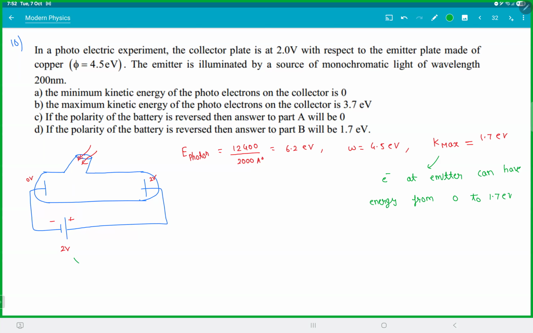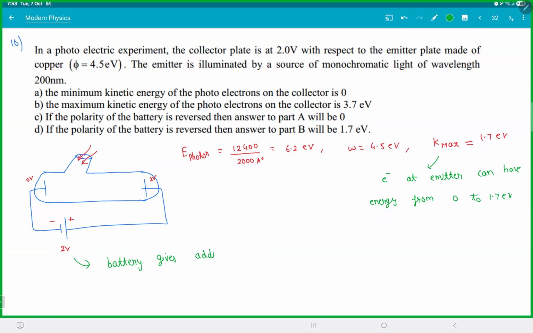And what is this battery doing here? Since you're giving 2 volts, the energy gained will be from the potential difference. So this collector voltage is giving you an additional 2 eV. Whatever electrons are coming out, it doesn't matter which electron it is, the battery gives everyone 2 eV extra.